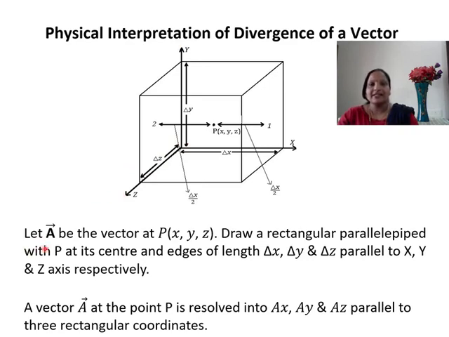Let us consider a vector A at a point P whose coordinates are x, y, z. Then the vector A at point P is resolved into three components Ax, Ay and Az along three rectangular coordinates.